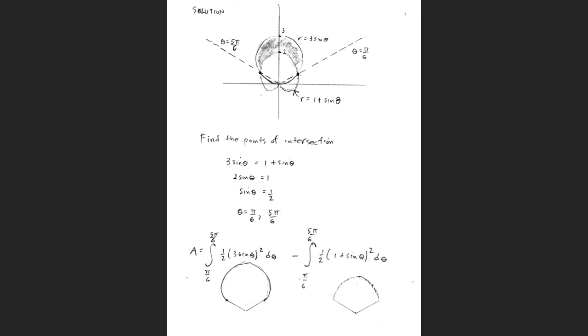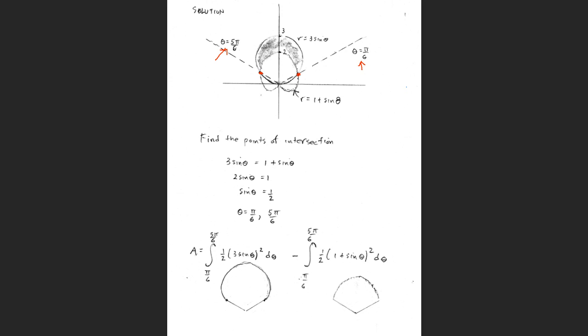Based on the gray shading in the picture, that's the region that lies inside the circle and outside the cardioid. The region itself has this starting angle and this ending angle. The starting angle is theta equals pi over 6. The ending angle is theta equals 5 pi over 6.